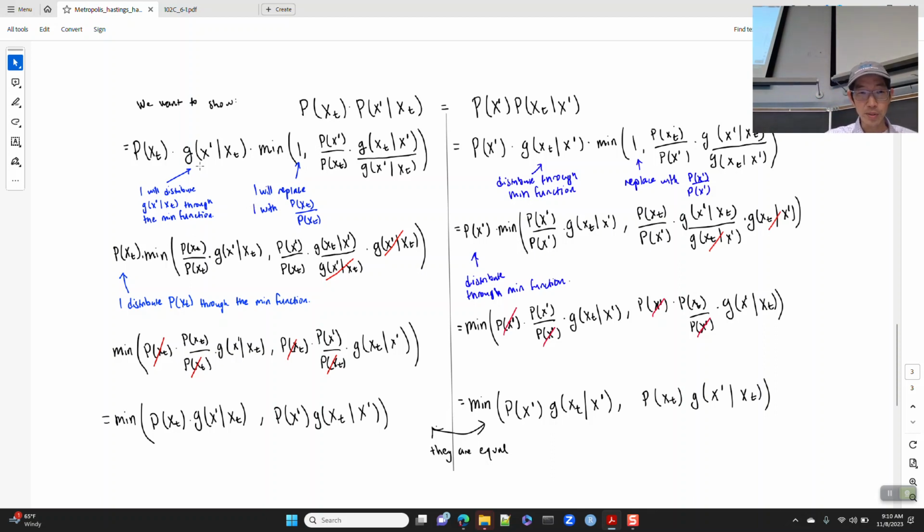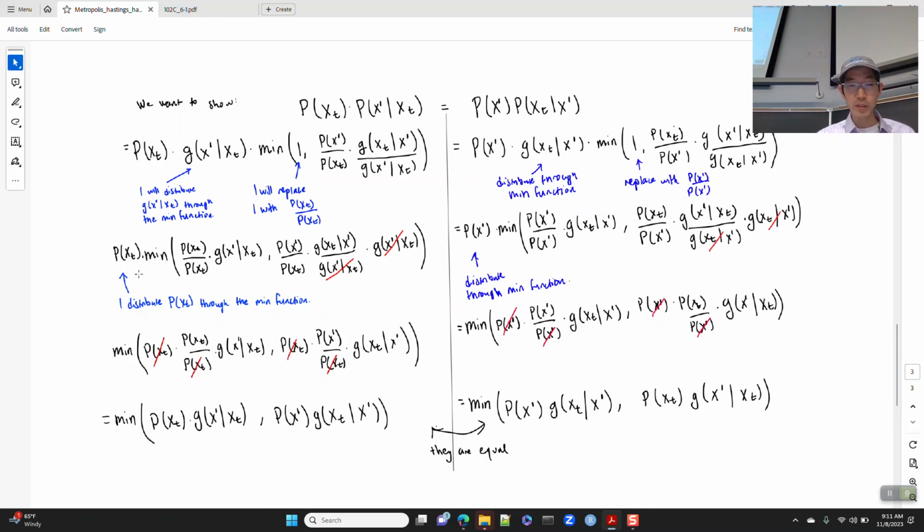And so what I have here is probability of xt times the minimum of, so I replaced 1 with probability of xt divided by probability of xt, and I've distributed g of x prime given xt into here, and then into the other side of the comma, right? And g of x prime given xt, these cancel each other out, okay?